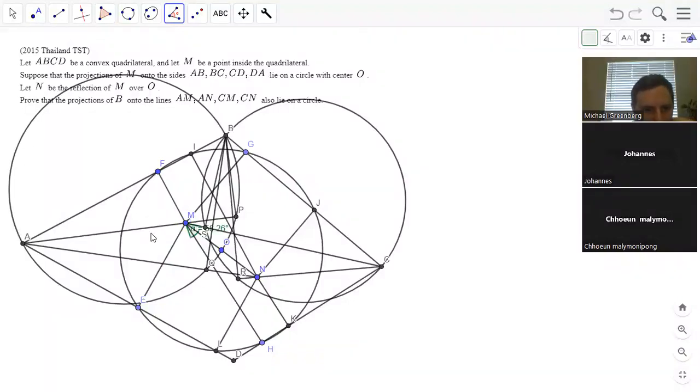So like this and this, we want to show add up to 180. Then the lines would be isogonal, which is the same as saying angle BMP is angle CMB. That's another way to say it.